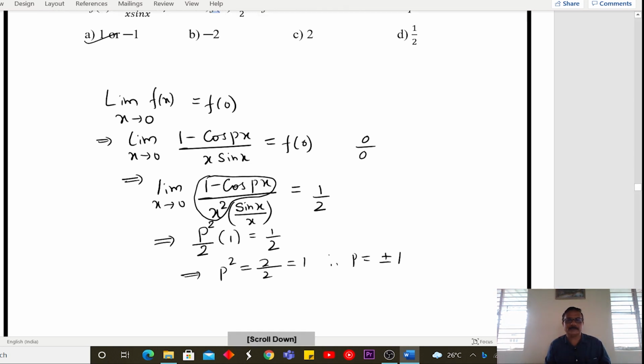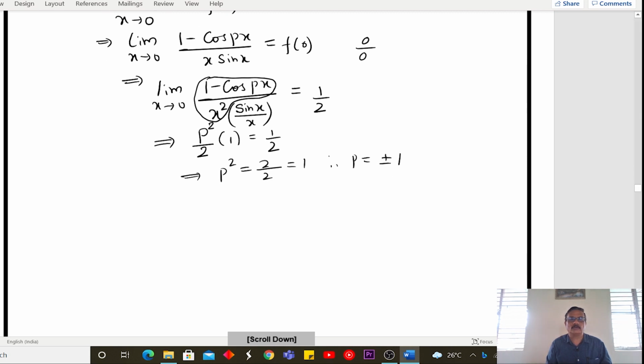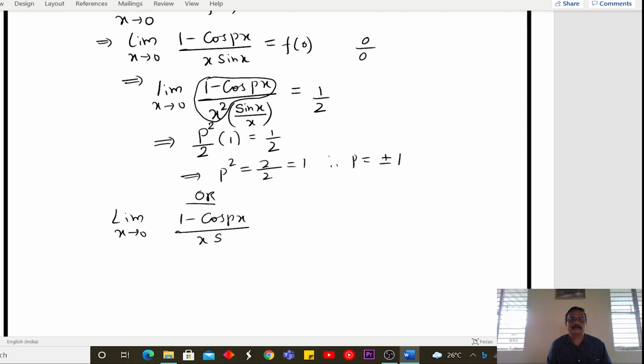So another method, so by using L'Hospital rule, how to solve? Limit of x tends to 0, (1 minus cos px) divided by x sin x is equal to f of 0, value 1 by 2. Now differentiate numerator and denominator separately.